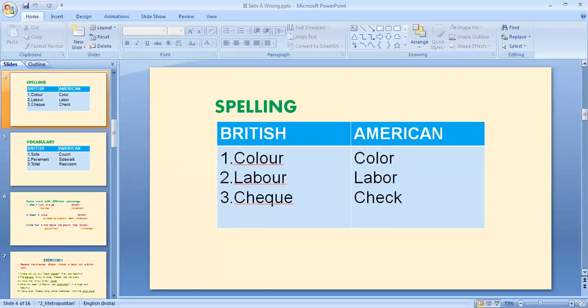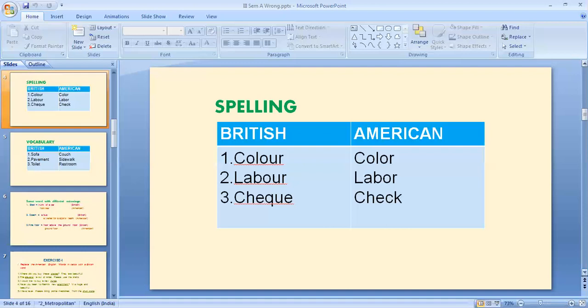C-H-E-Q-U-E is the cheque that is used for money transactions in banks. This spelling is correct in British English, whereas Americans use the word C-H-E-C-K for the banker's check. And if we observe the computer, the system is also showing some mistakes with the British spelling and no problem with American spelling, because the software is prepared according to American English.